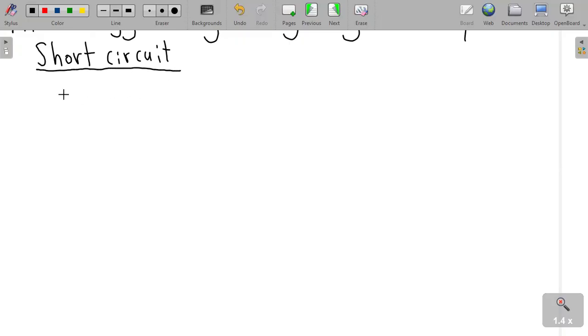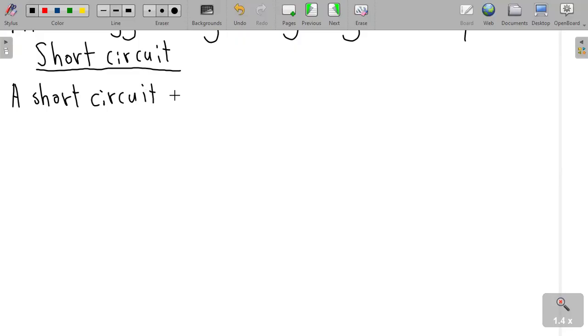What happens there? Let's begin by defining what a short circuit is, because we should define the thing before we explain it. And please, you should remember these definitions. They will be asked.